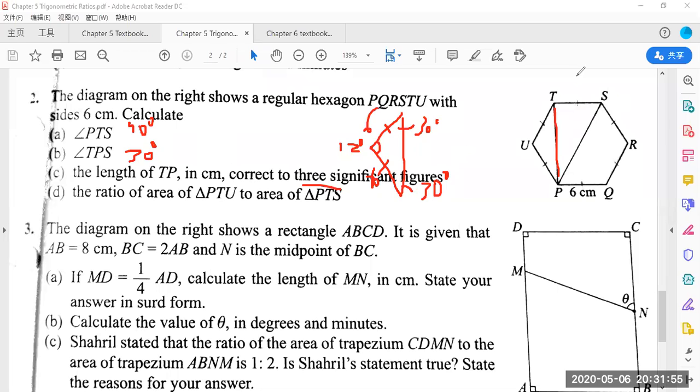So we split into the half, then it becomes two right angle triangles, right? So we split into half, becomes like this. 6. And then this one, 120, we split into half, becomes 60 degree. And then this one 30 degree, so this one 90.